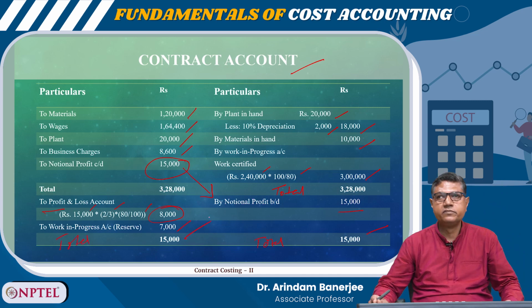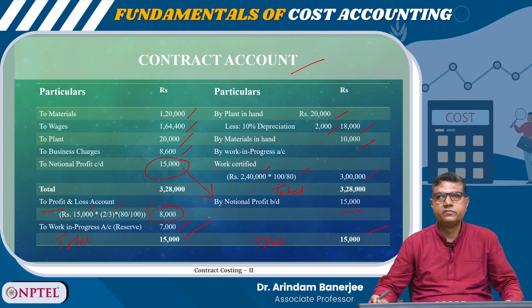As on 31st March 2024, the direct wages due and payable amounted to rupees 2,70,000 and the material at site was estimated at rupees 2 lakh. Prepare the contract account for the year ended 31st March 2024.